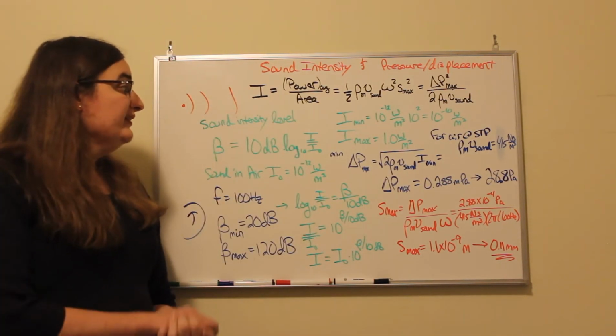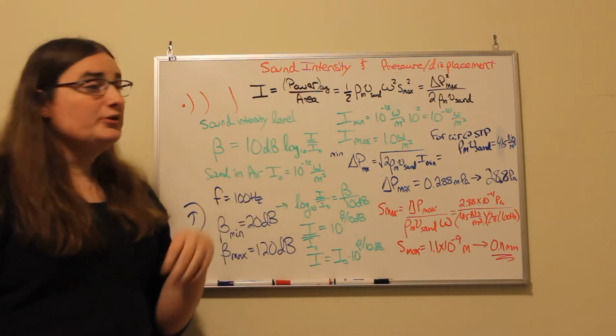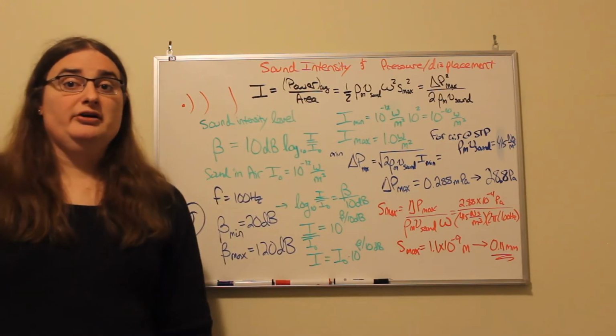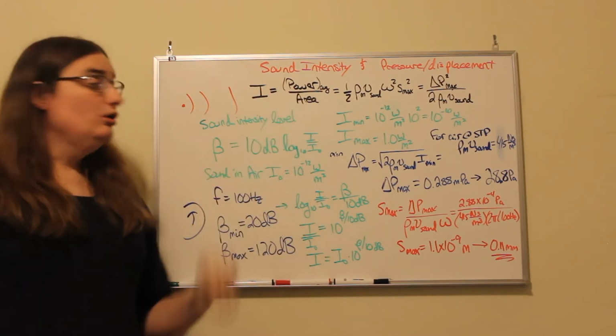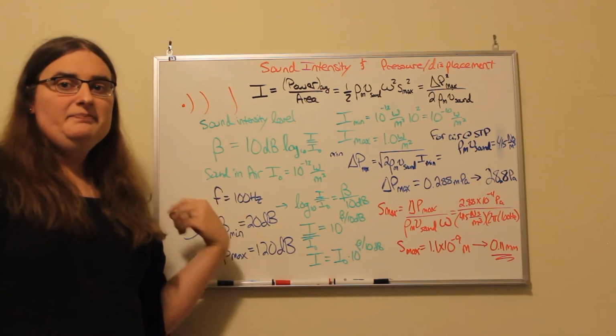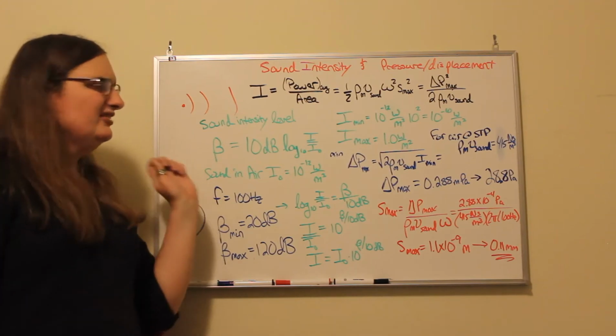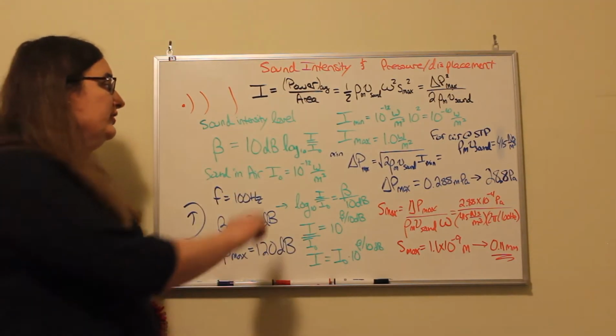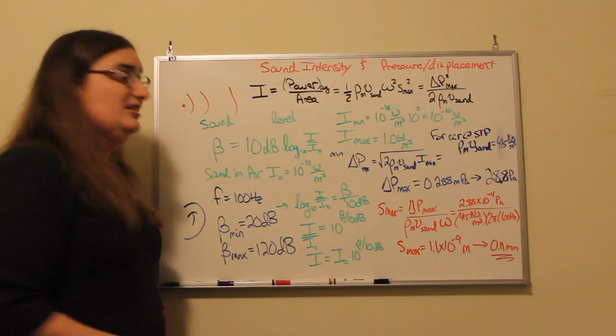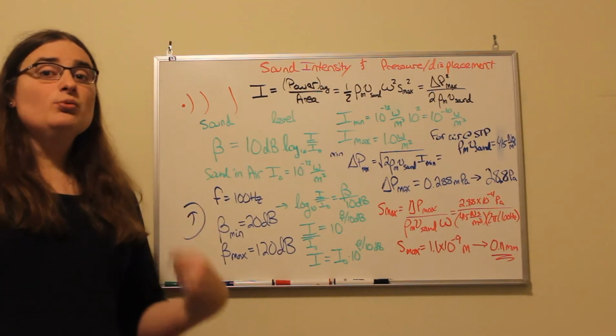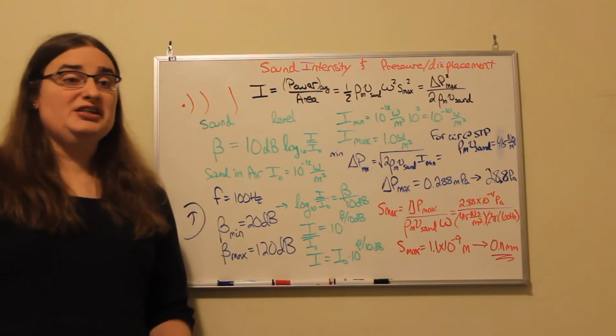Now, with sound intensity, the units we're dealing with are watts per meter squared. Power delivered over area. The other thing that people refer to, particularly when they're talking about loudness, is the sound intensity level, or it's sometimes just referred to as sound level. And that's what we measure using the decibel scale.